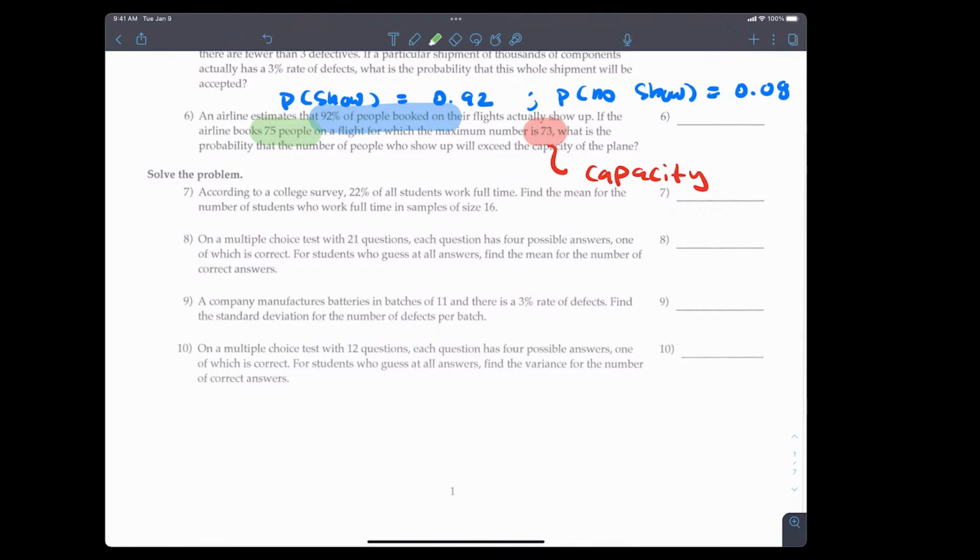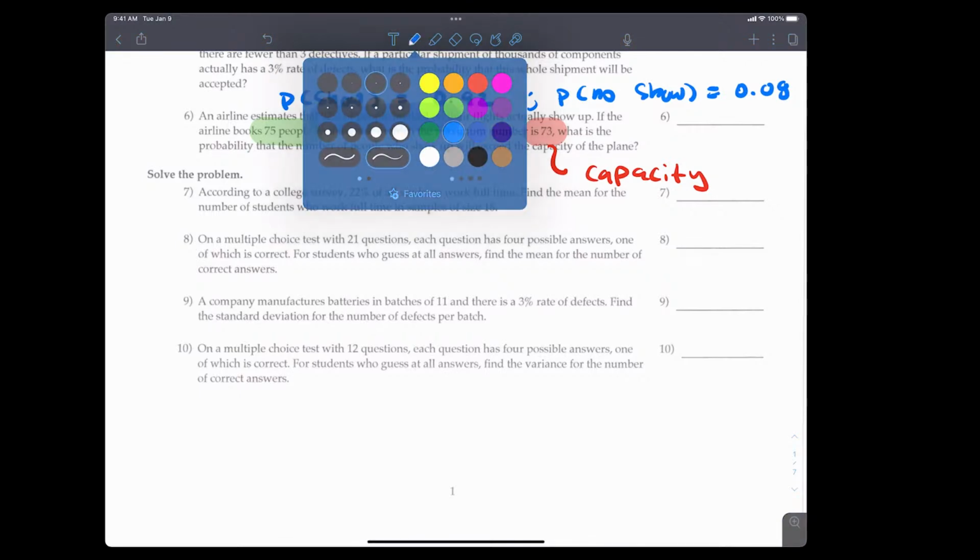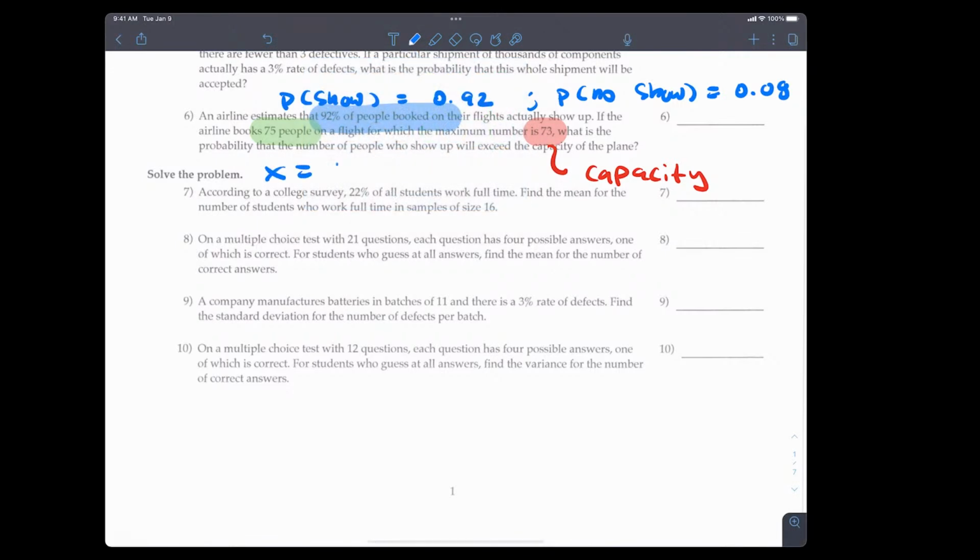So they're saying, what is the probability that the number of people who show up? So X is the number who show up. Probability that the number of people who show up will exceed. What does exceed mean? It exceeds the capacity.